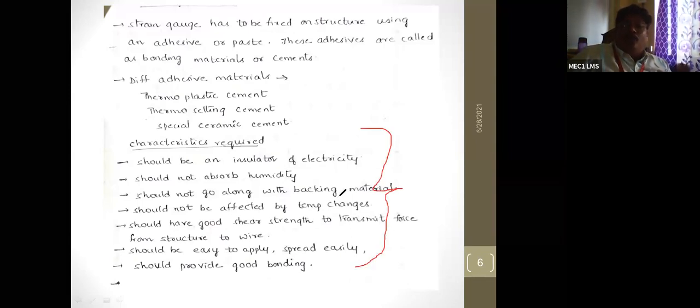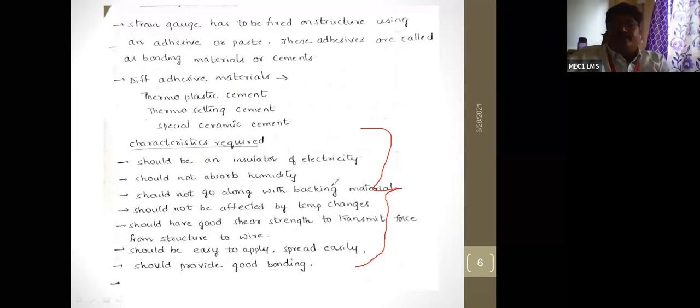And then next, what are the materials of strain gauges? Actually, I prepared a slide, but it is gone somewhere. But anyway, I will discuss some materials of strain gauges.